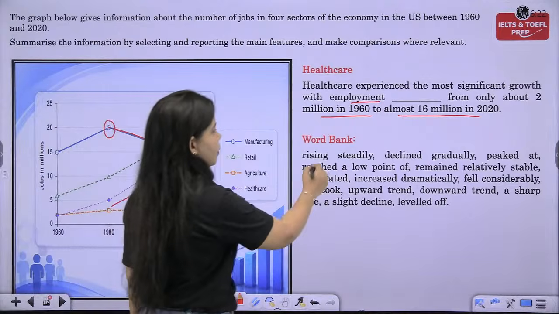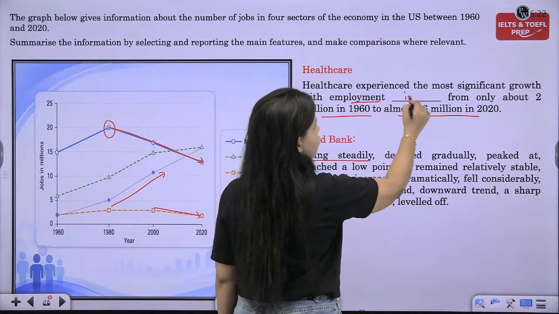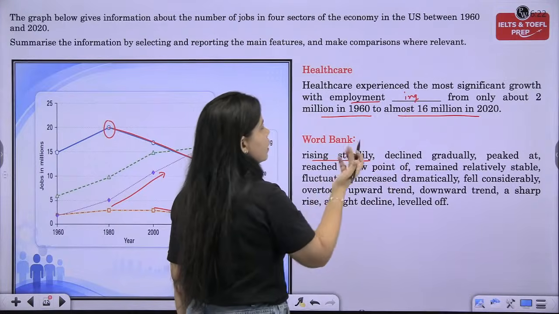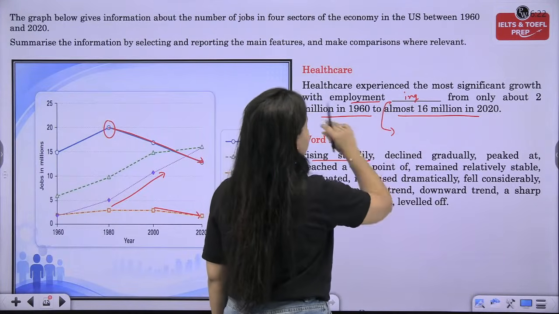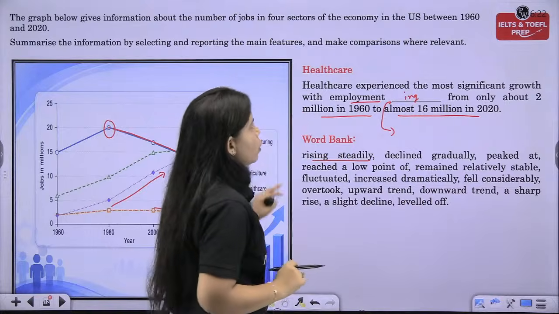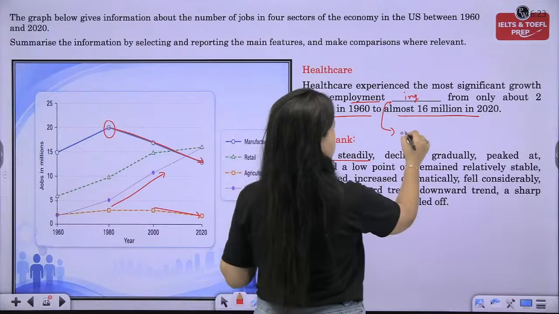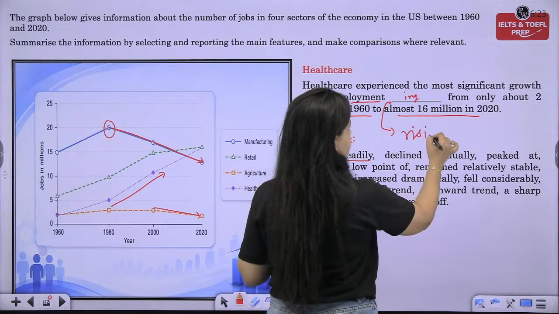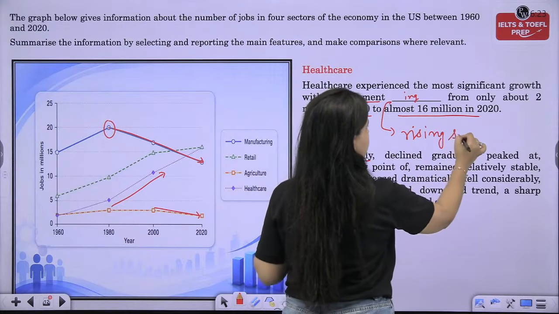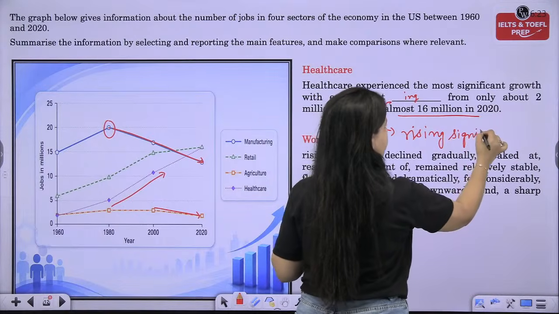This one. Rising. We need an ing form of verb here. Whether you use steadily or something else, you can say healthcare experienced the most significant growth with employment rising significantly. If you don't want steadily, you can take significantly here.